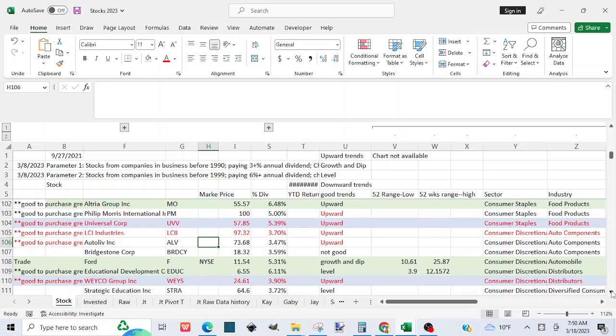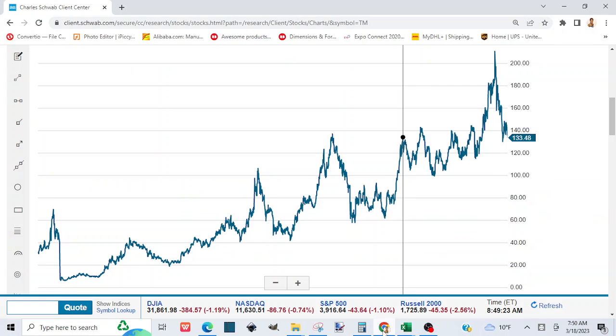But what I can say about this is, Toyota is not paying you a lot in dividend, but you can expect stock appreciation over time because of when they start and where they are. In the 80s it was like $23, and now they are selling at $133.